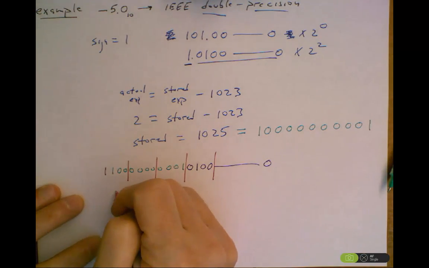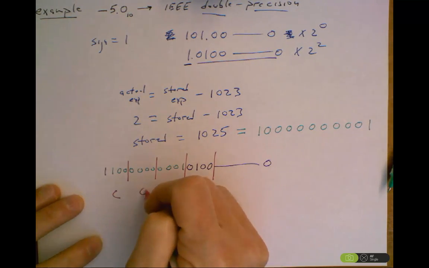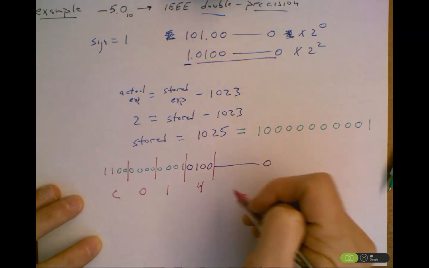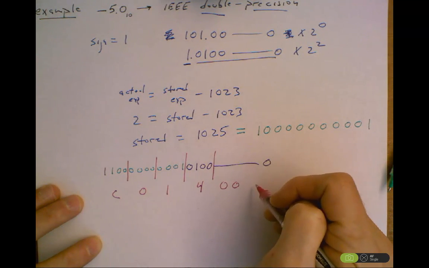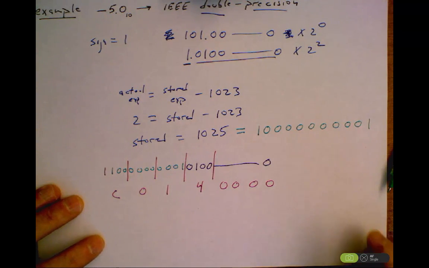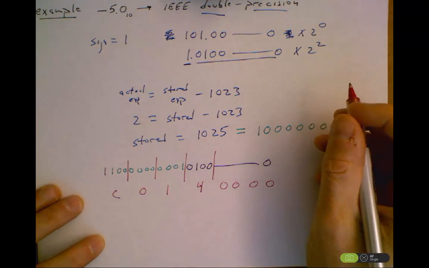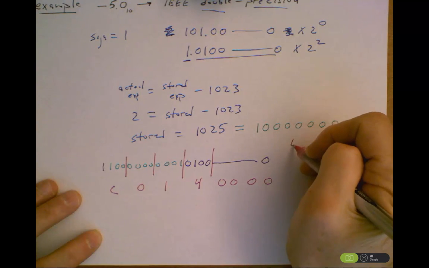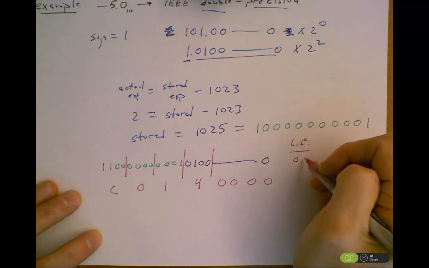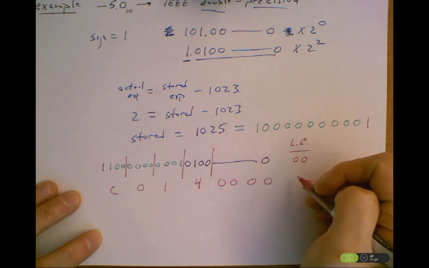So I've got C 0 1 4 0 0 0 0. And in little endian format then, that would be 0 0.